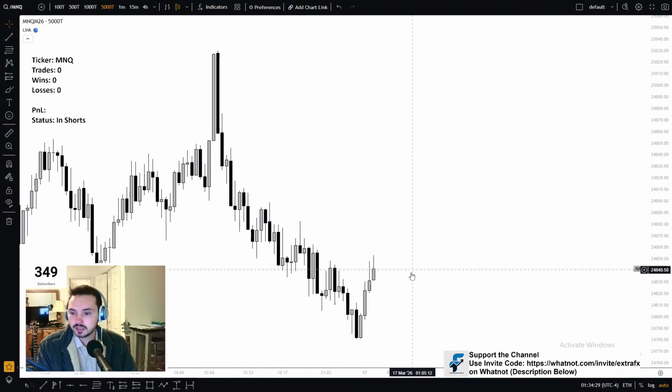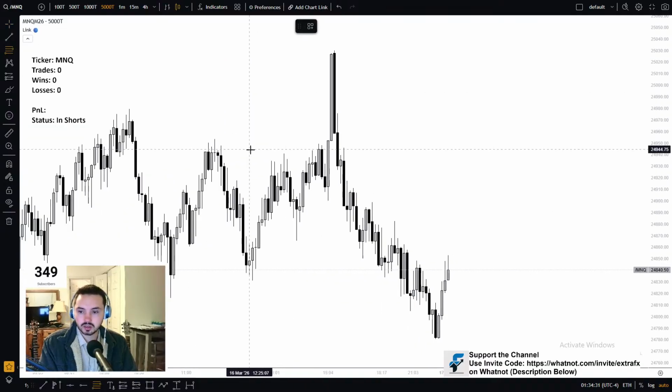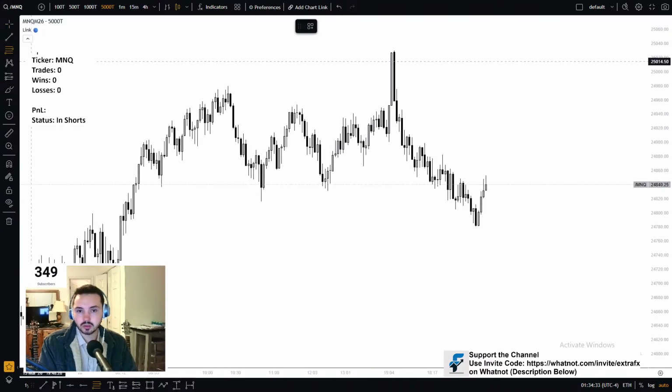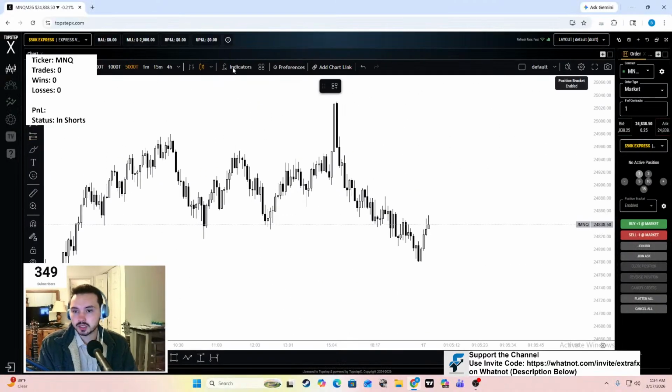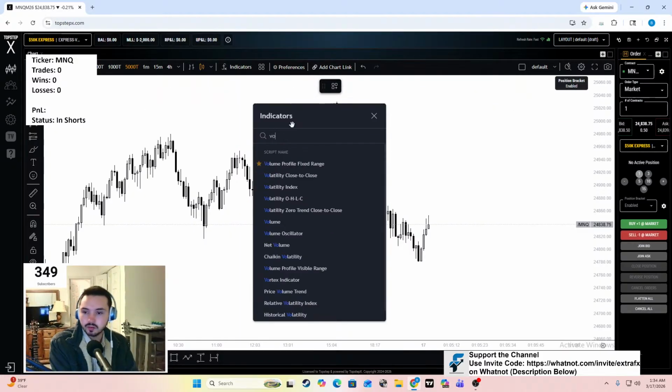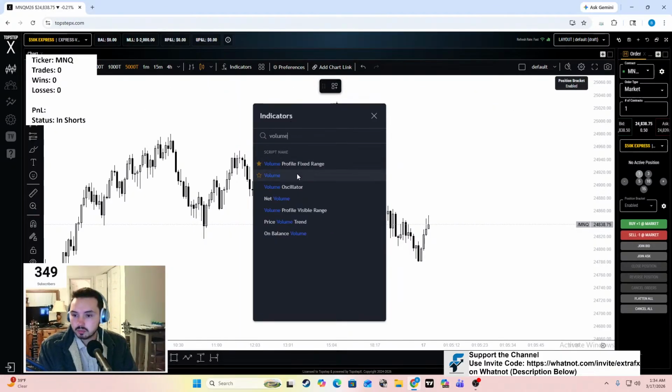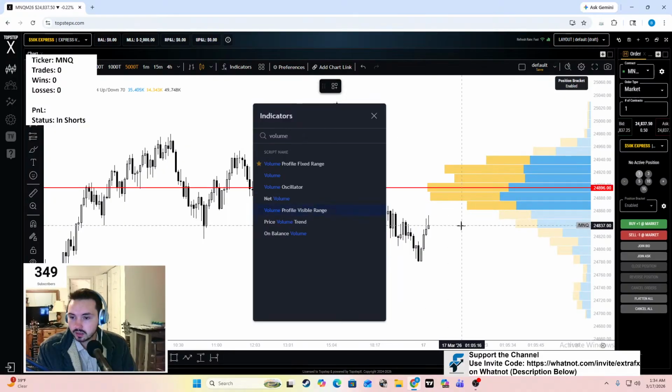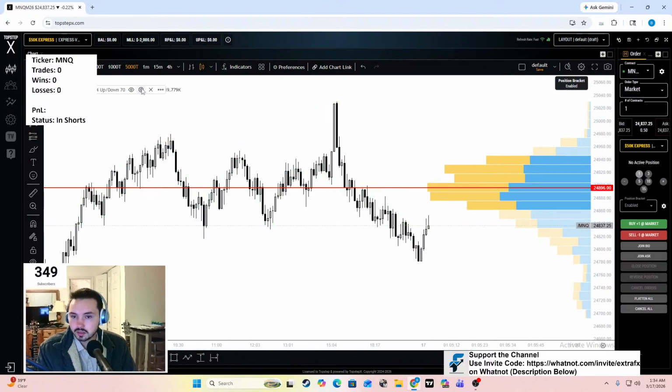All right, so we can see right here we are making lower highs, lower lows. I did want to add something to my chart. Give me 1 second. Let me add a volume profile, visible range. Okay, and let me add this.